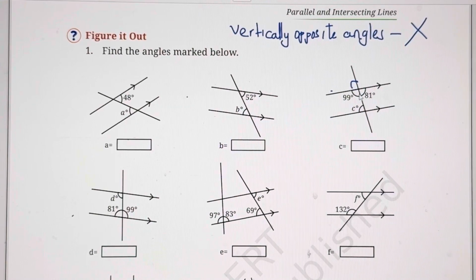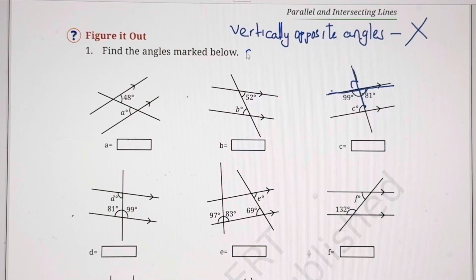These two are vertically opposite, 81 and this. You can see an X being formed over here. So you need to remember the symbol X for vertically opposite angles.